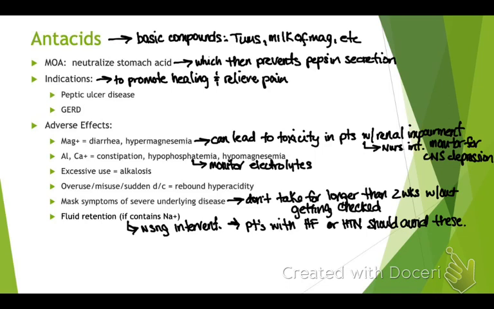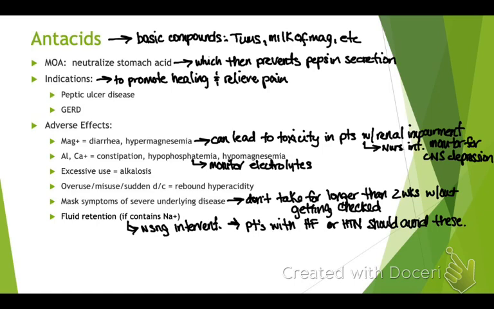Excessive use of these meds will cause alkalosis, and overuse or misuse and sudden discontinuation will also cause a rebound hyperacidity. Remember, it's a way of neutralizing the stomach acid.